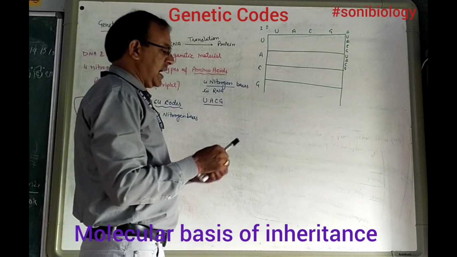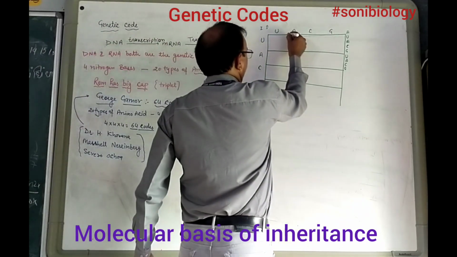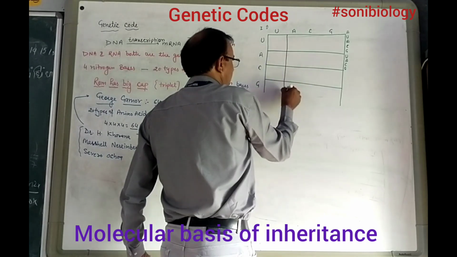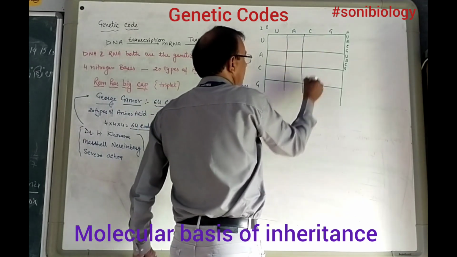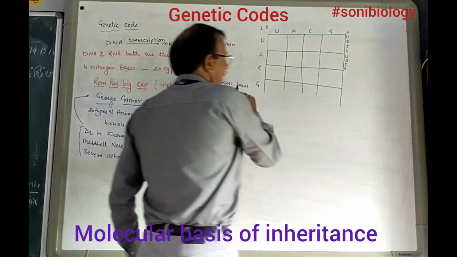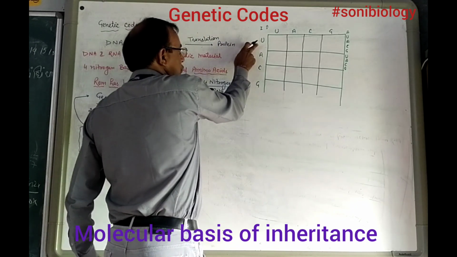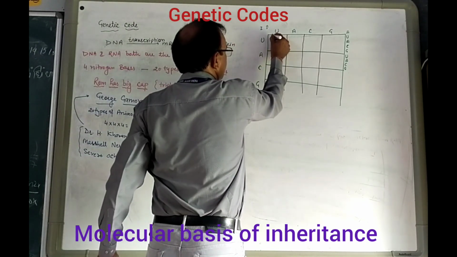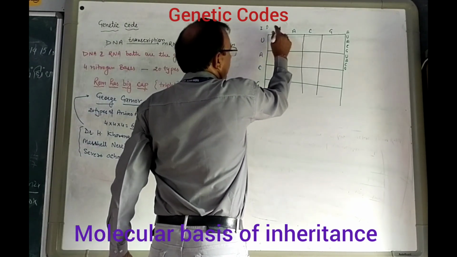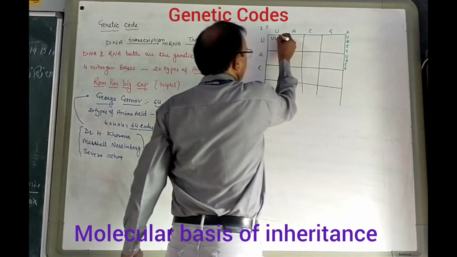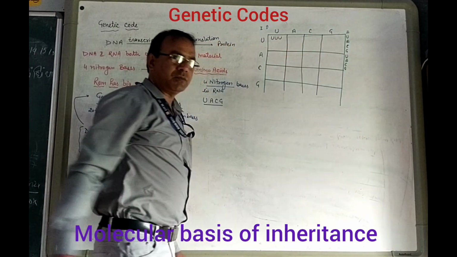How are these codes designated or produced? First we take the first U, then the second U, and the third.